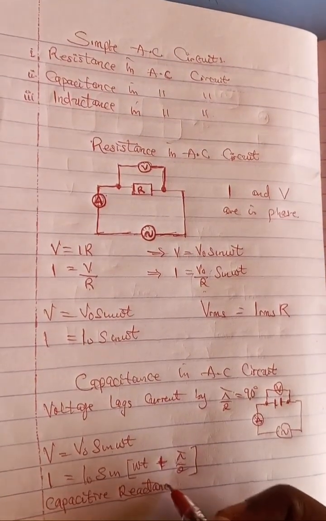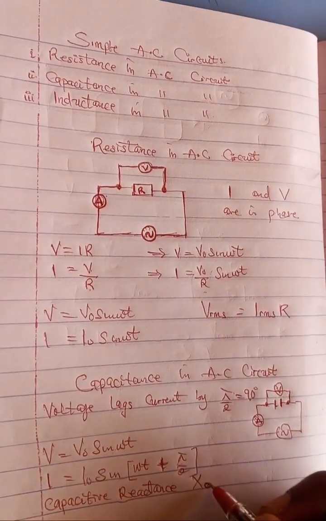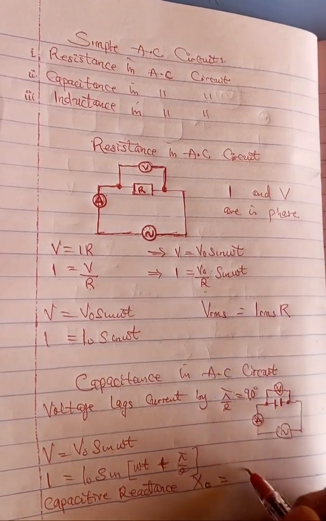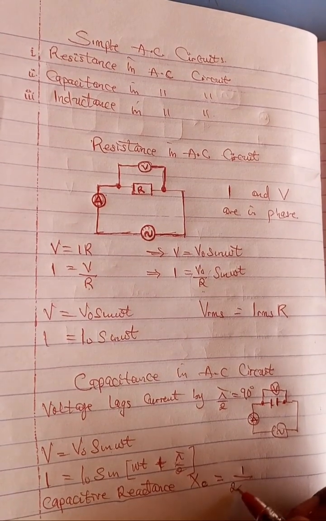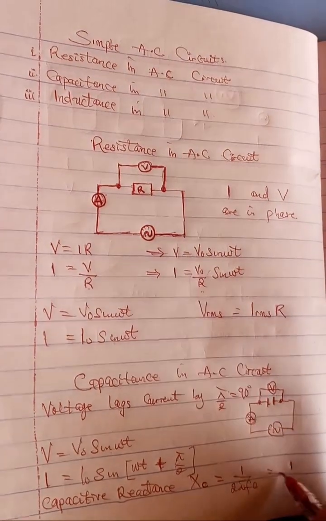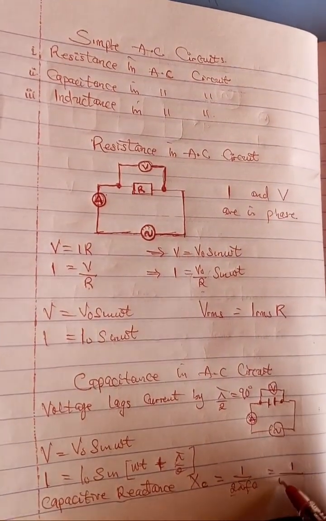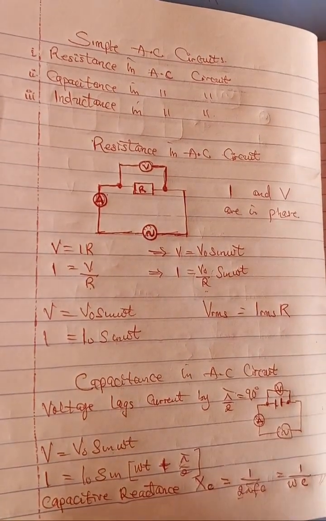It is just the resistance offered by the capacitor, and the symbol is X subscript C. This is given by 1 over 2 pi F C. In some textbooks, 2 pi F is simply written as omega, so it is 1 over omega C. So take note of this.